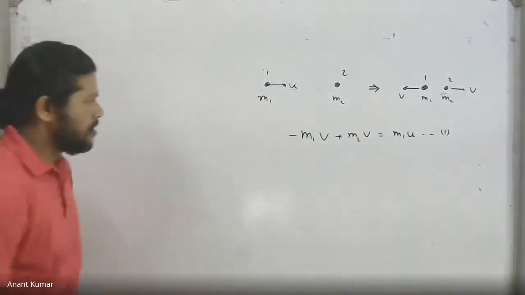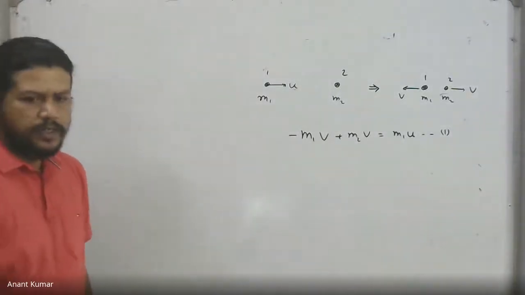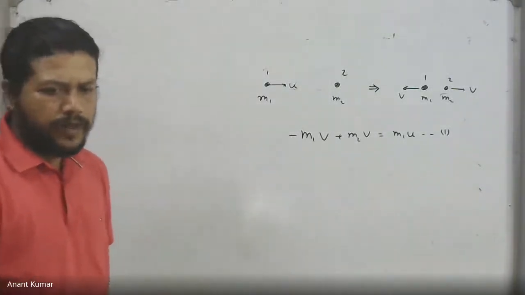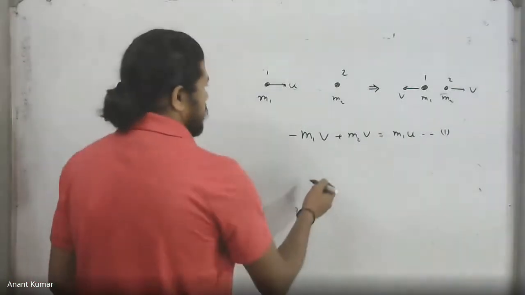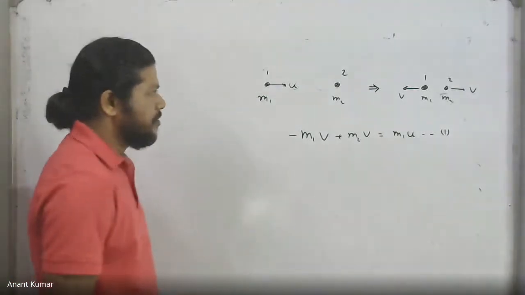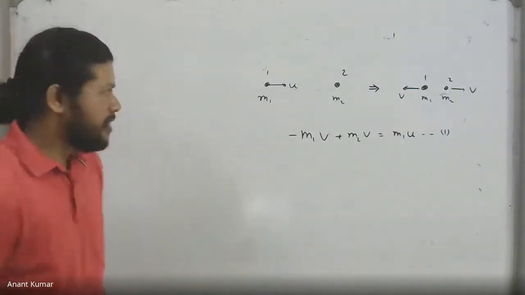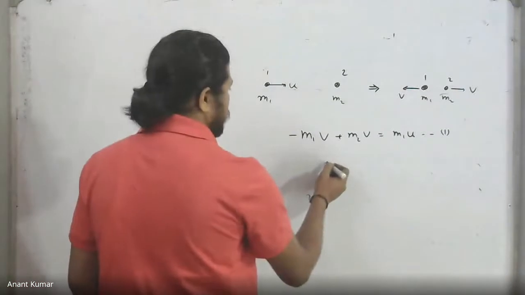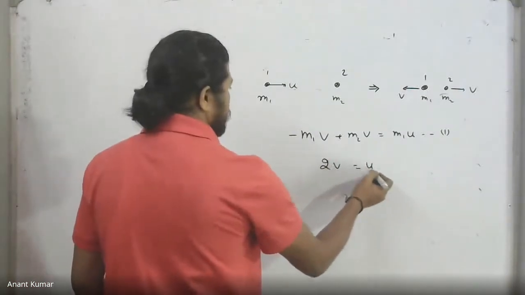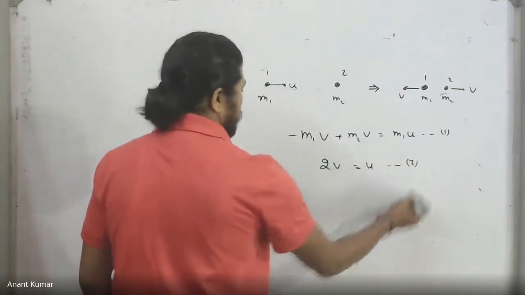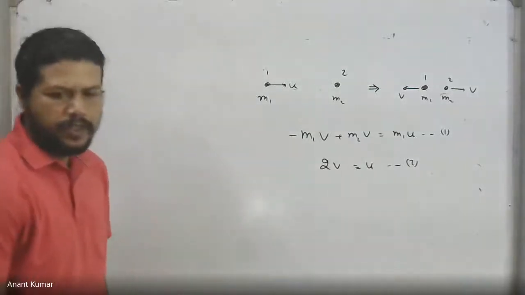The other equation is for the restitution coefficient. Because the collision is perfectly elastic, the relative speed at which they separate must be same as approach speed. Separation speed is twice v actually, and the approach speed is u. That's the second equation coming from the restitution coefficient.